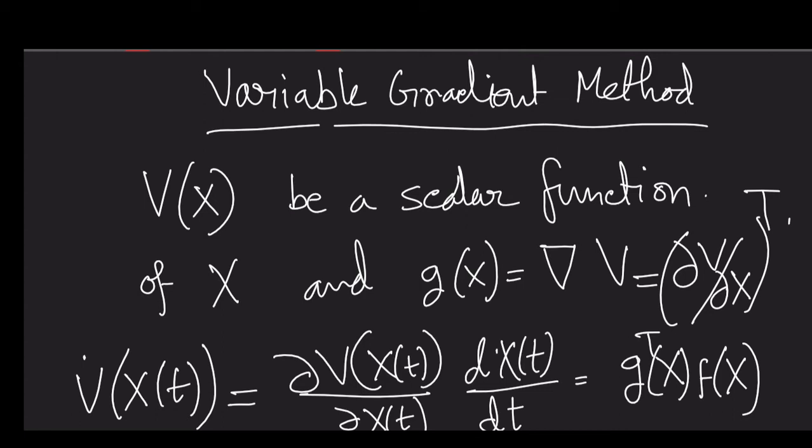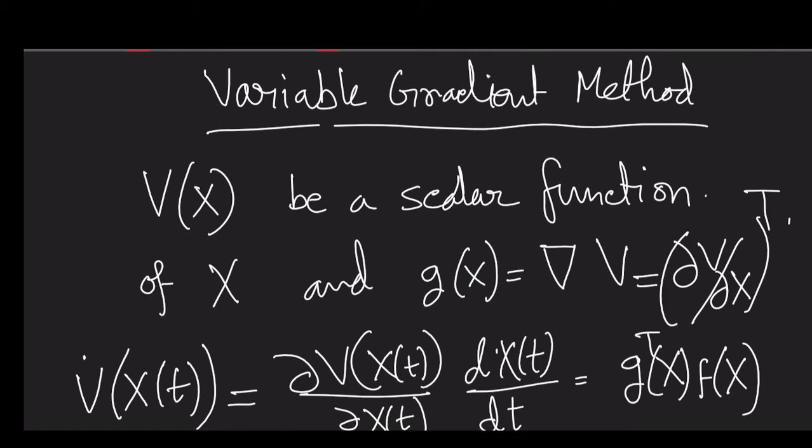What we know about the gradient of a scalar function is that the gradient is irrotational. If you obtain the curl of a gradient, you will always find that it gives you 0. We can exploit that while selecting a suitable gradient function for g(x).